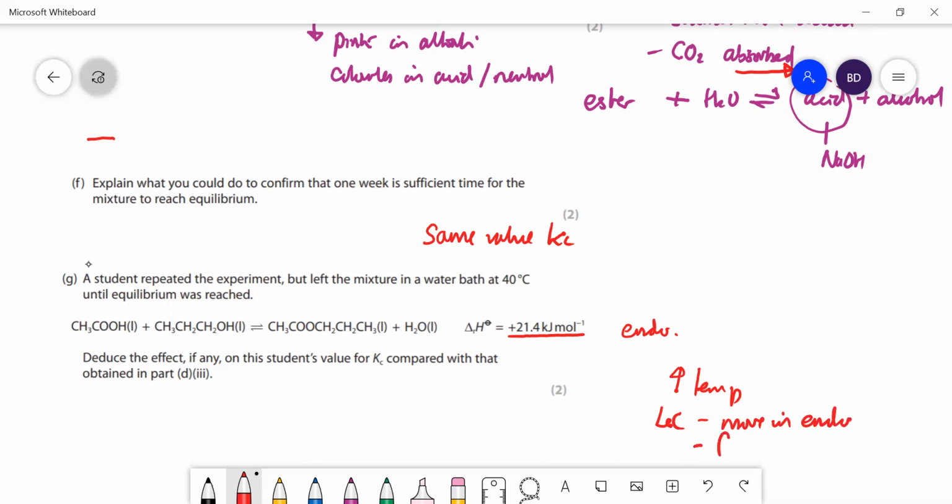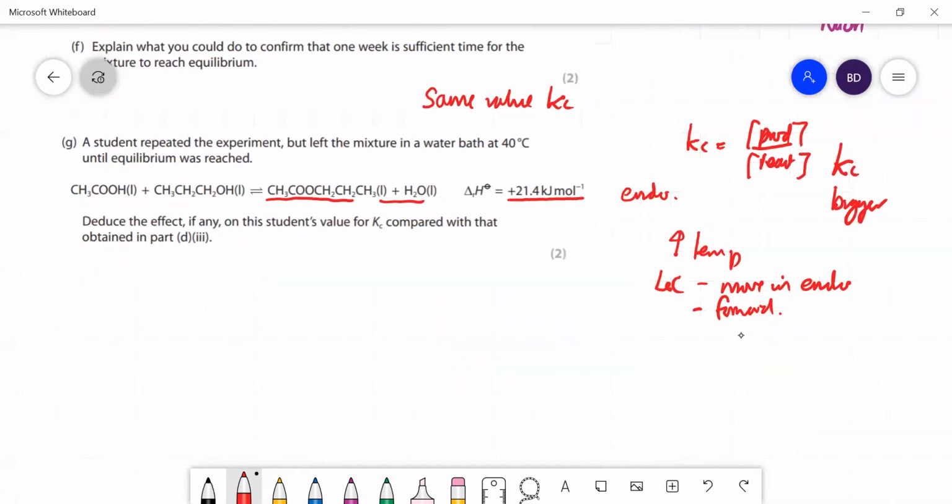In this case, it's going to move forward. So we're going to get more products, and Kc, of course, is equal to the concentration of the products over the reactants. The concentration of products is going to get bigger, the concentration of reactants smaller, so Kc will get bigger. That's what will happen there. And that is the end of the paper.